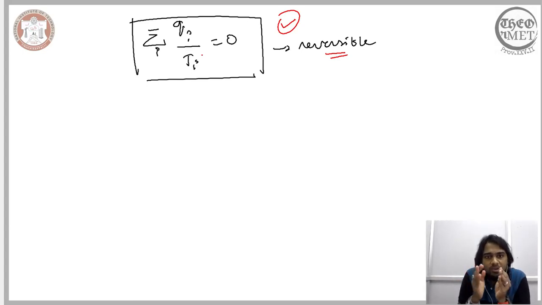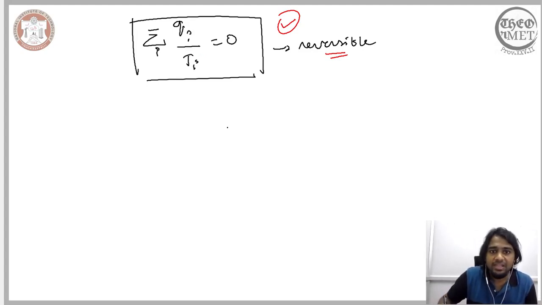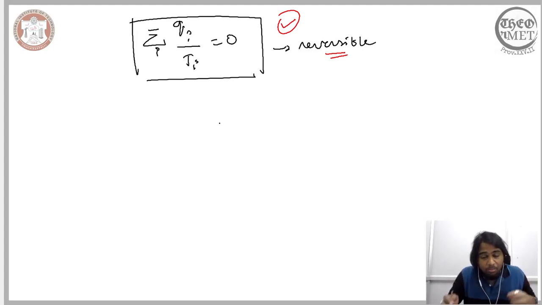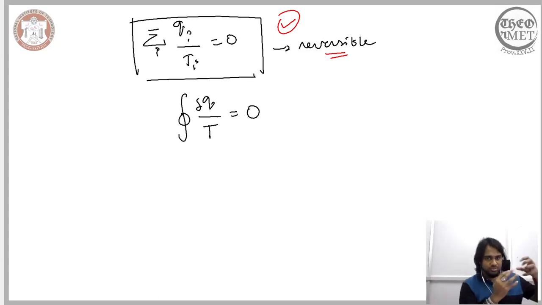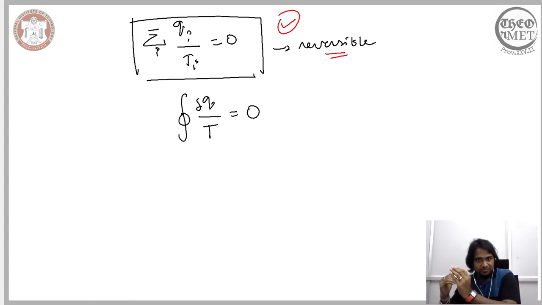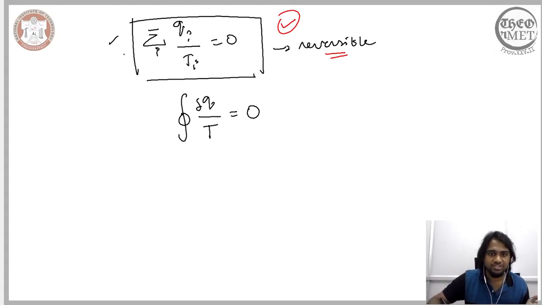When you make the number of steps smaller and smaller, you can express this in a more generalized manner by including a closed integral, expressing it as the heat transferred over the associated temperature is 0. So you started with a simplistic cyclic and reversible process, arrived at an expression, and generalized it by considering numerous steps. That gave us this generalized expression here.